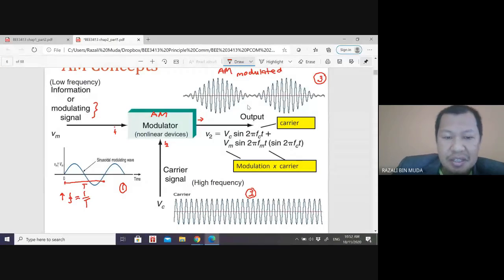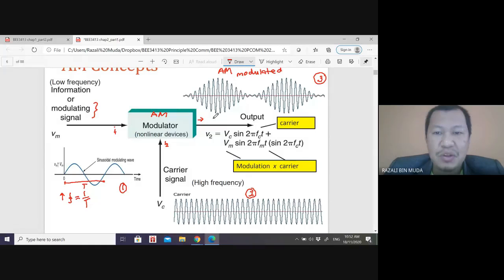So omega is 2 pi f. So f, ada f kat situ, frekuensi. Okay, so this equation Vc sine 2 pi fct is the carrier, this is the modulated signal, combine. Okay, nanti detail tu kita akan tengok semula lah nanti.